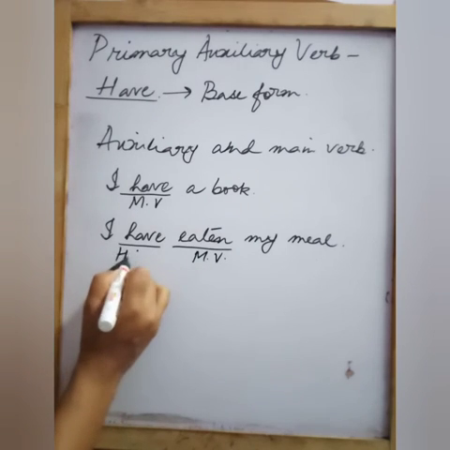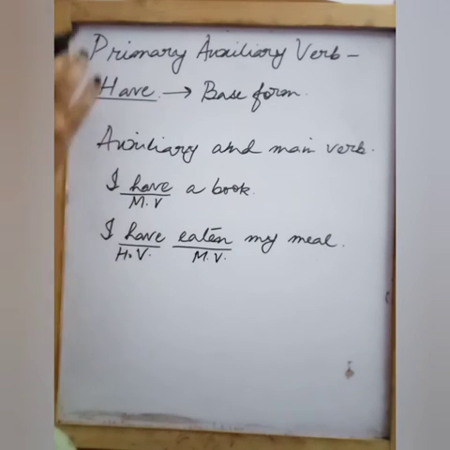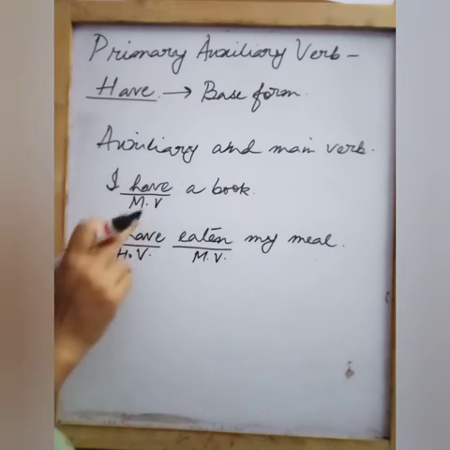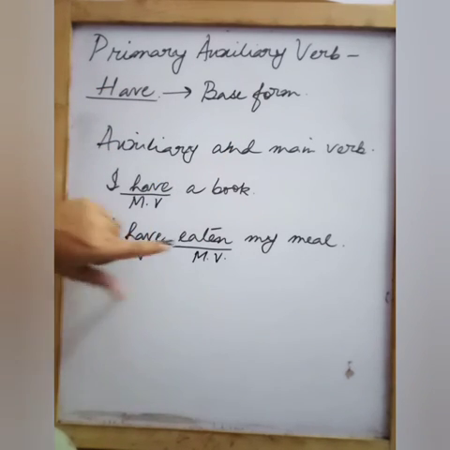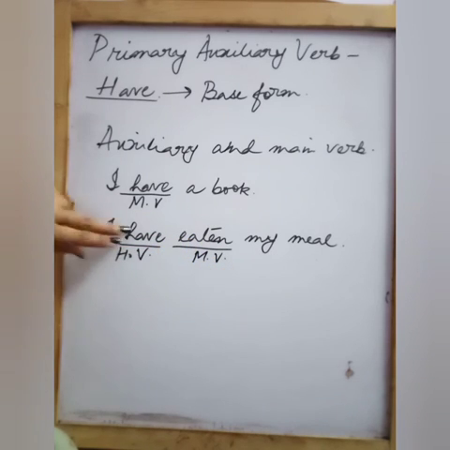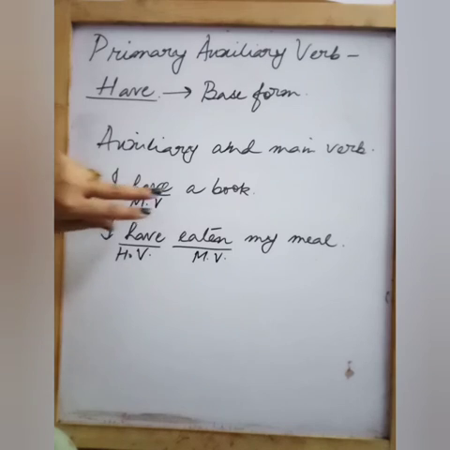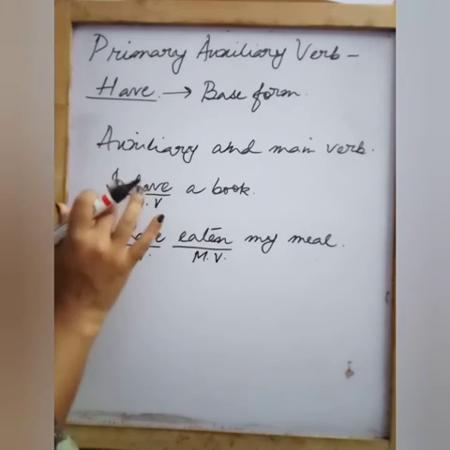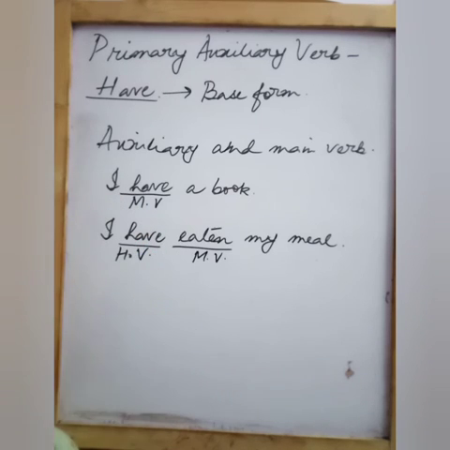So this is the use of have as an auxiliary verb and also as a main verb. In I have a book, it's talking about possession and acting as the main verb. I hope this is clear.